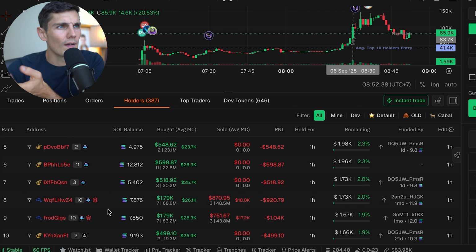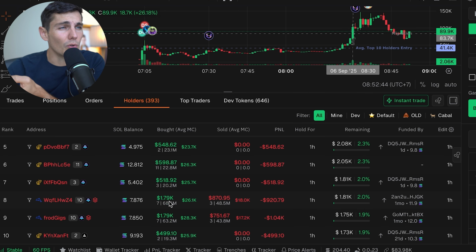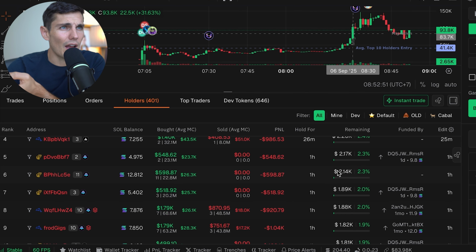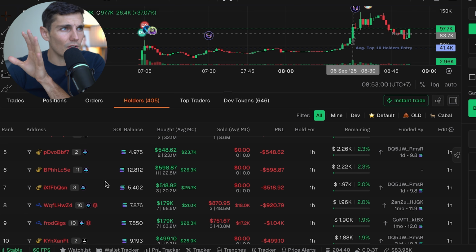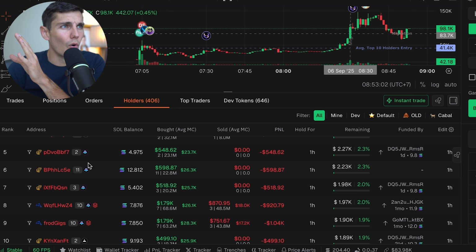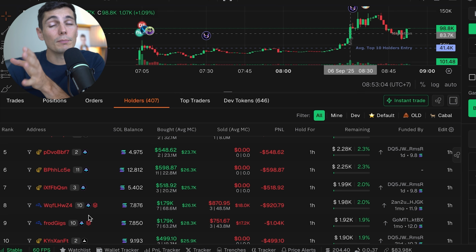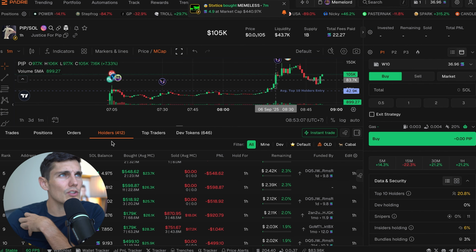Like imagine this person has 7 Solana, but has almost $2,000 invested in that coin. So they have more in the coin than they have in their wallet. Then second thing, usually bundlers are not that smart, but you can see that it's all the same app. So that's a bit suspicious. I would not go into that coin.